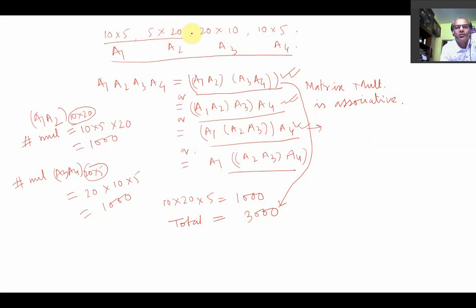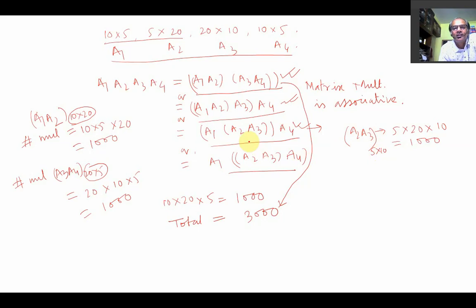How many multiplications are there for a2 a3? That is 5 into 20 into 10, which is equal to 1000. And this is of order, the resulting matrix of order 5 into 10.